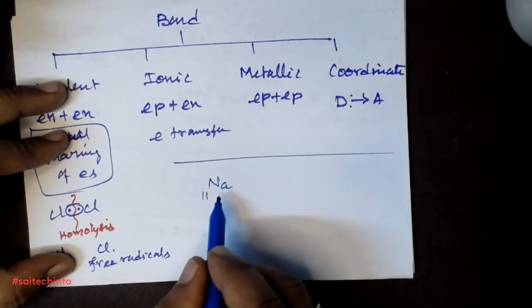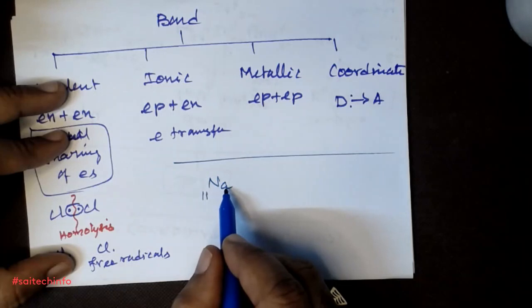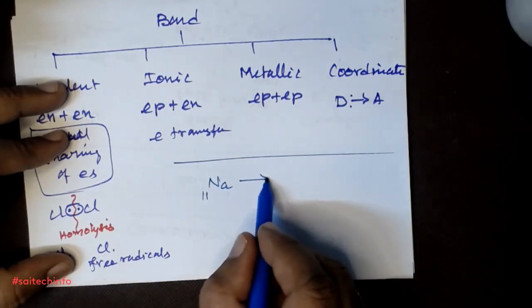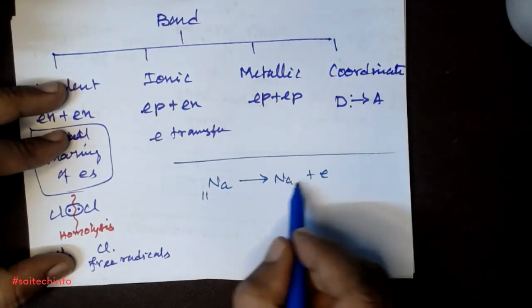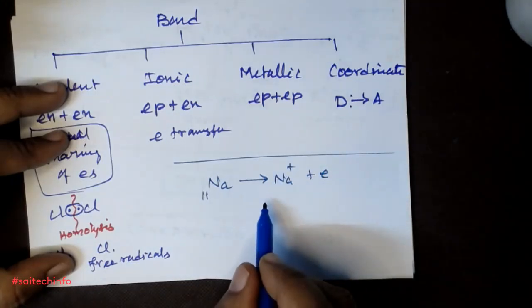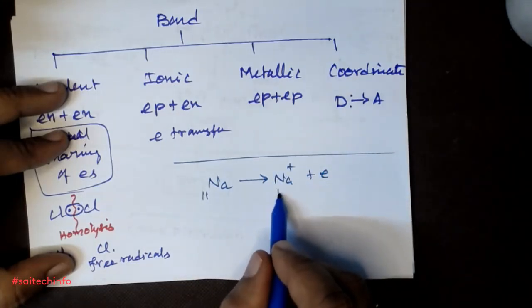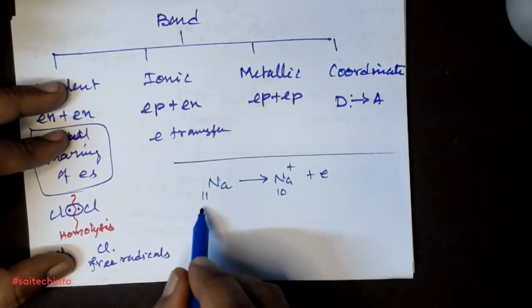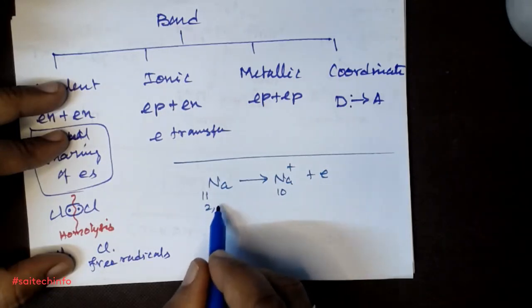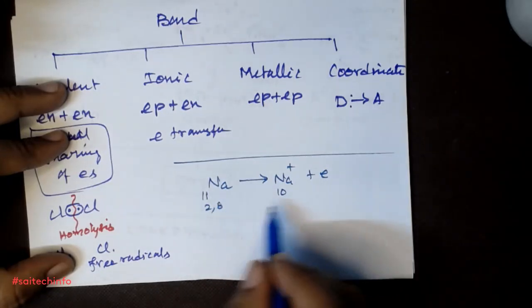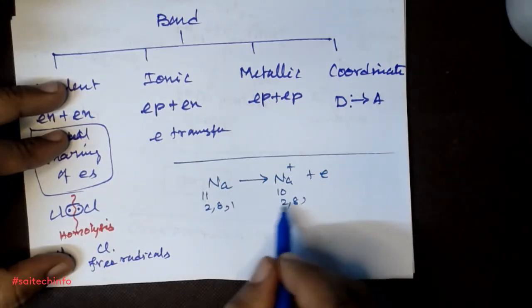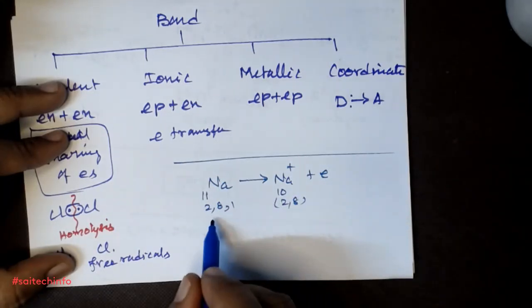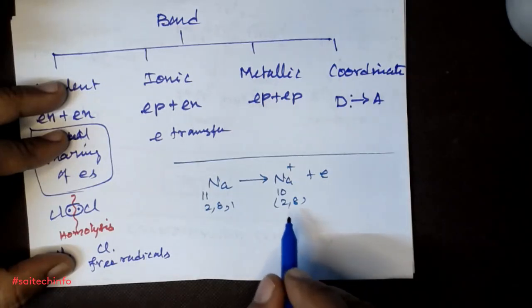Being a metal, it can give out one electron and become Na plus. So this becomes 10 electrons. In terms of electronic orbits, it was 2, 8 and 1. So here 2 and 8 only. So it is more stable because of the octet rule.